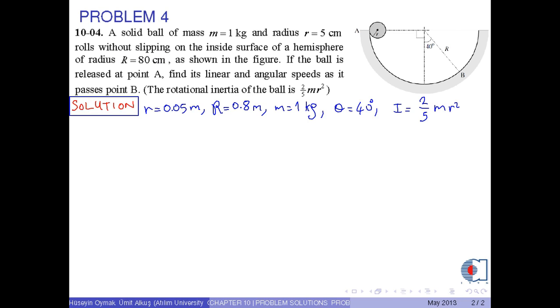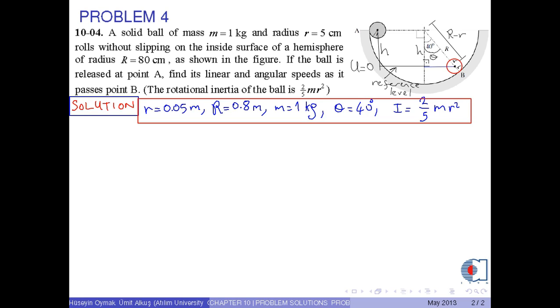Angle theta is given as 40 degrees, and the rotational inertia of the ball, shown by capital I, is 2/5 m times r squared. When the ball is at point B, we have this configuration.